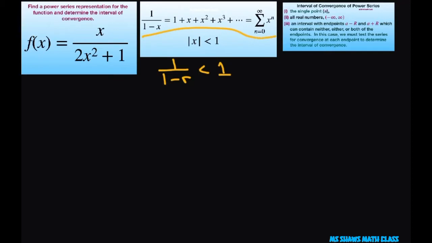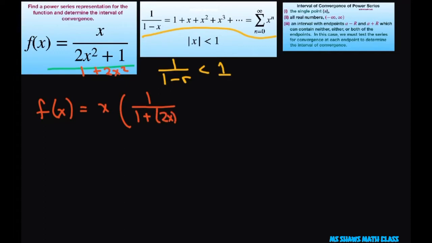So I'm going to rewrite this. First of all, I can rewrite the denominator as 1 plus 2x squared. So what I'm going to do is take my f of x, and I'm going to factor out an x. That's going to give me 1 divided by 1 plus 2x squared.